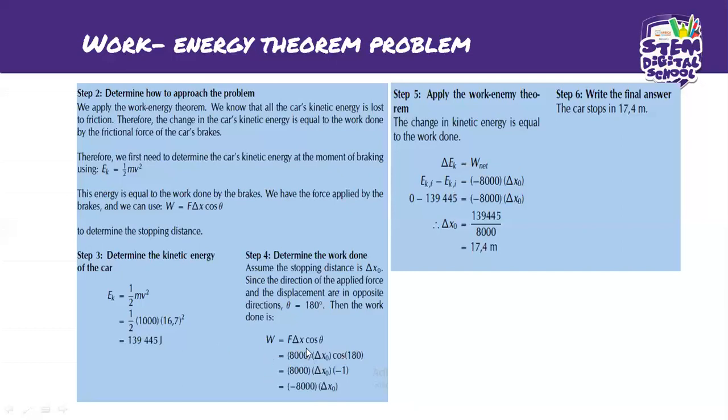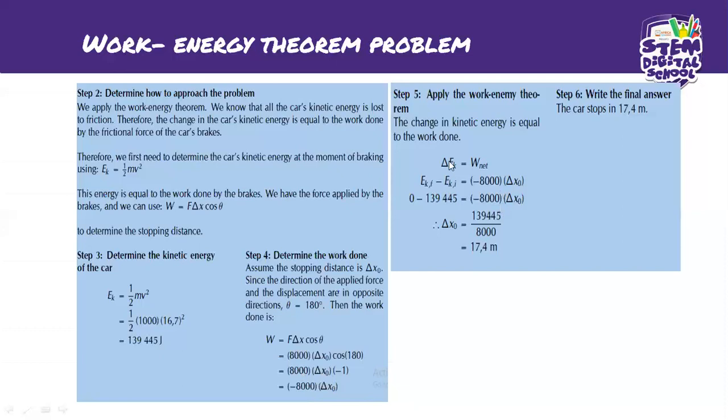So in this case, we plug in everything, and remember, because it's frictional force, it has to have a negative, which is a cos 180 degrees. Do not forget that, guys. And remember that this as well, it's our non-conservative force formula. So it's going to be minus 8,000 Δx, and this change in distance is what we are looking for.